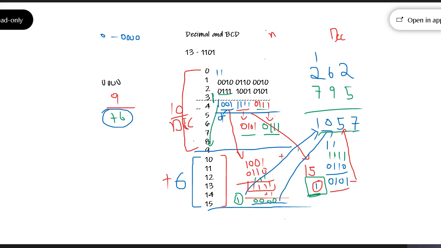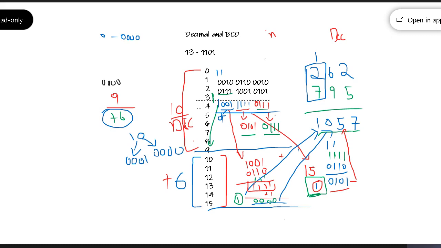Now see here, when I get this 7, 2 here, I'm getting that carry 1. When I add the carry to 9, 9 plus 1 is 10. So in 10, you can represent 0 as all zeros, or 1 as three zeros and 1. Okay, sir, understood. It's the same thing.